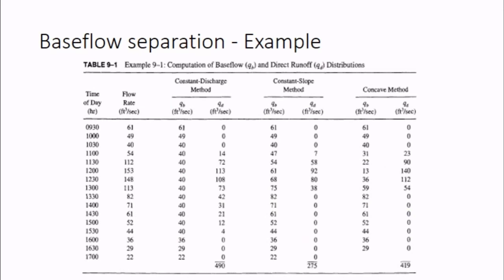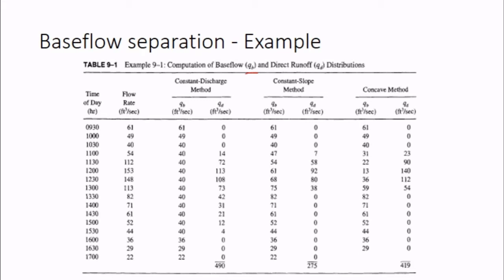Okay, so ito yung computations gamit yung mga formulas kanina, yung pagkuha ng base flow discharge. Ang kukuhanin mo kasi is QB. Para makuha mo yung direct runoff, i-minus mo lang yung dalawa. Sa constant discharge method, ito yung raw data.